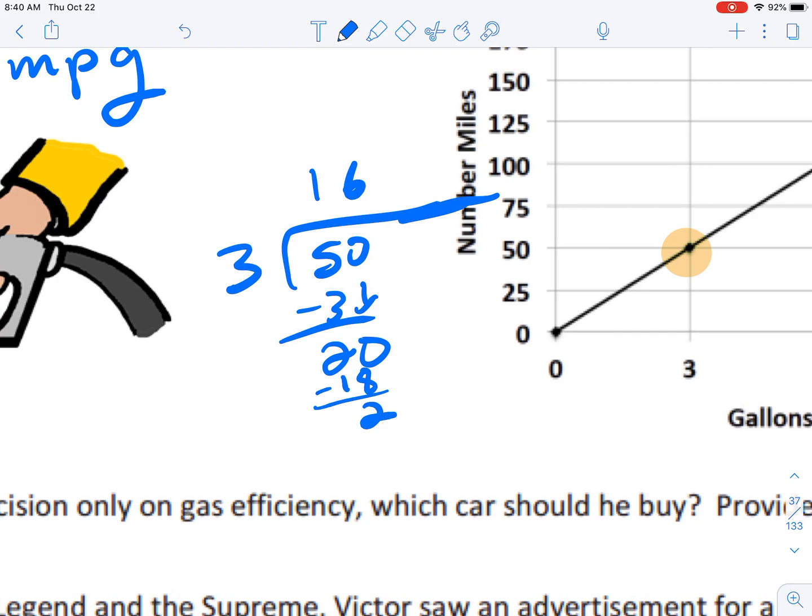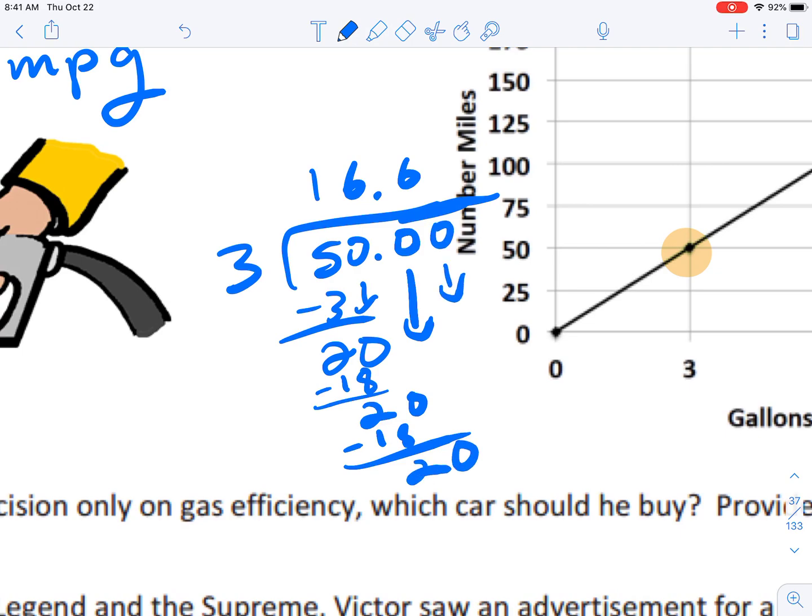Now, we have a remainder of 2, so we have to add a decimal and a 0. 3 goes into 20 6 times again, and we get 18. And we take 2 away. Now we have to add another 0, and 3 goes into 20 6 times. And we're going to keep on going like this forever and ever.